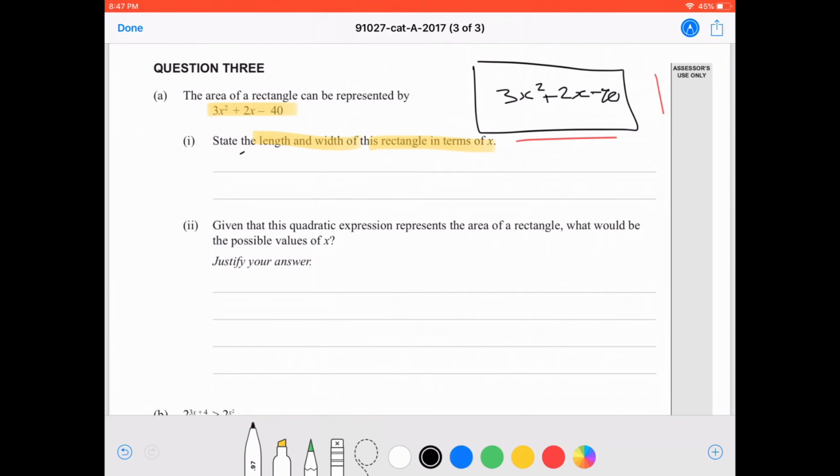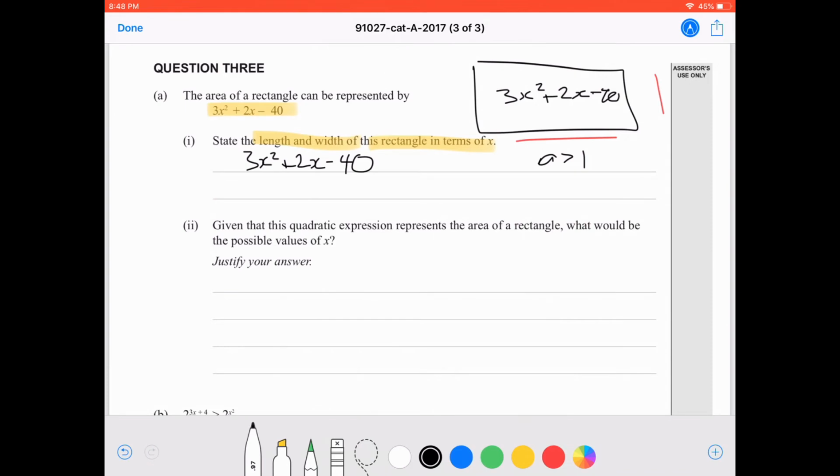So 3x squared plus 2x minus 40. Again, it's one of these quadratics with the a is greater than 1. So that means we're going to have to multiply a and c.